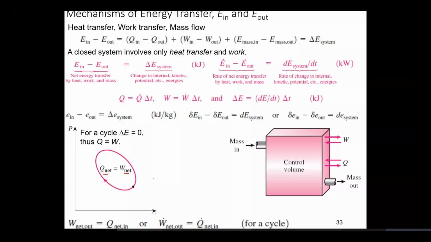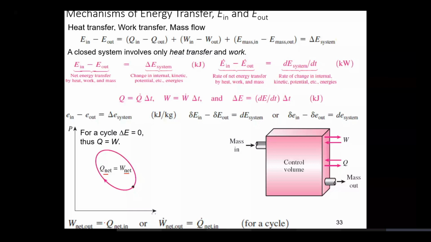Out is used because you are using a positive sign. Similarly, in is used because Q in would have a positive sign if you write Q terms on one side of the equation and W terms on the other side. Clear enough?